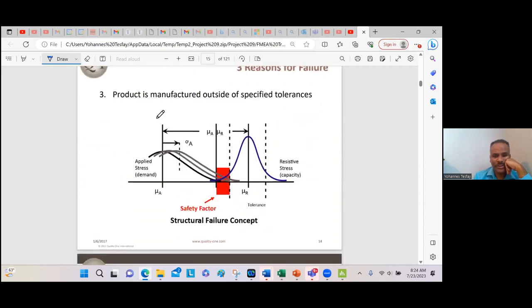Here, the product manufactured is outside specified tolerances. This is a safety factor. If you are here, that's a safety thing. Again, this is the applied stress, and this is resistive stress. But this one is going to be more on the manufacturing or process aspects.